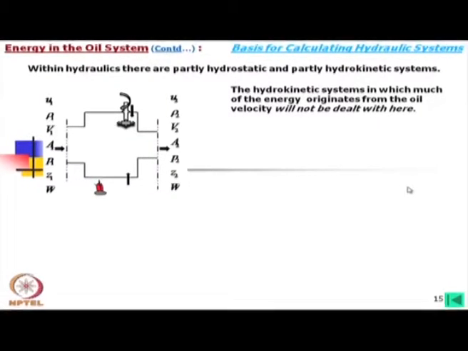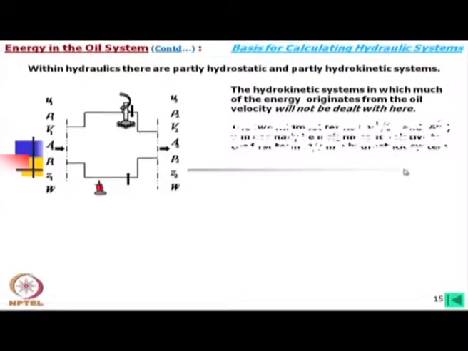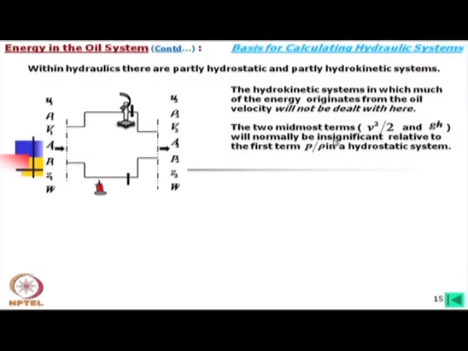The hydrokinetic systems, in which much of the energy originates from the oil velocity, will not be dealt with here. The two midmost terms, that v square by 2 and g h, will normally be insignificant relative to the first part, p by rho, in hydrostatic systems.